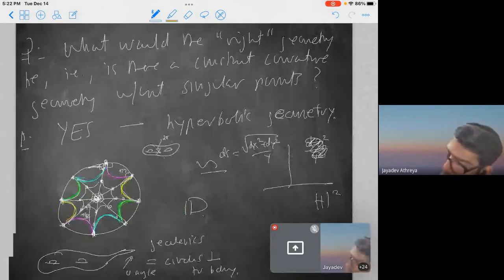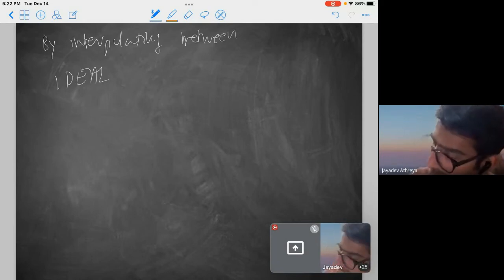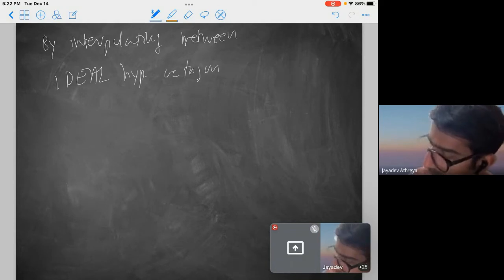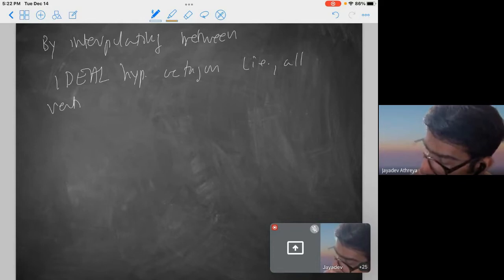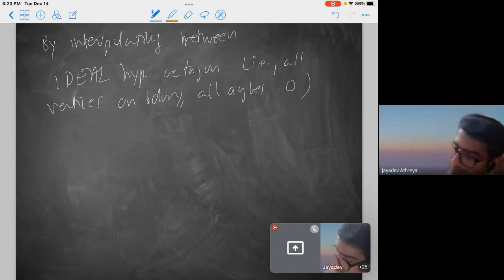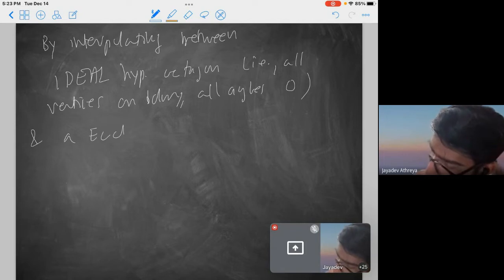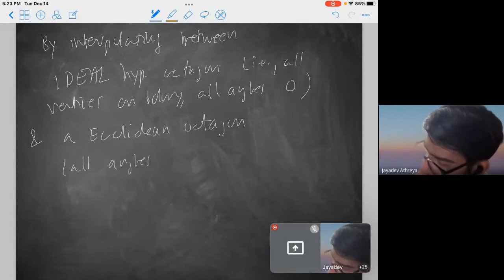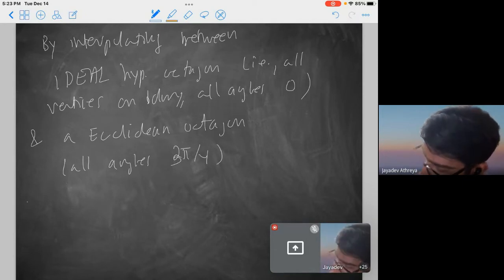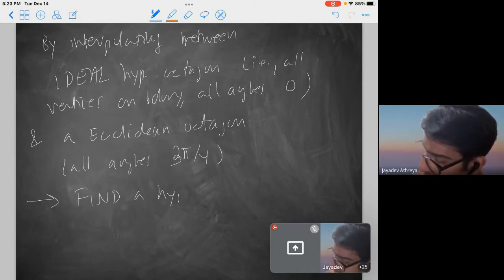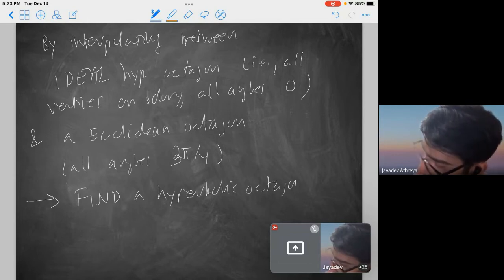So the key point here is that by interpolating between what's called an ideal hyperbolic octagon, i.e., all vertices on the boundary, all angles 0, and a Euclidean octagon, all angles 3 pi over 4, you can find a hyperbolic octagon with all angles equal to pi over 4.